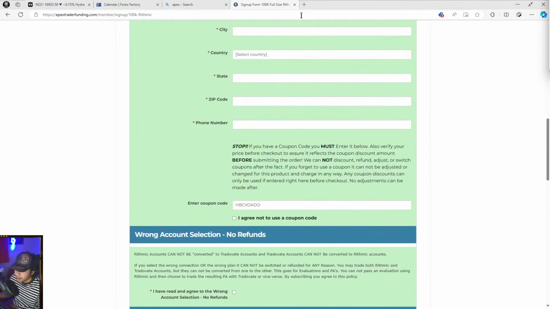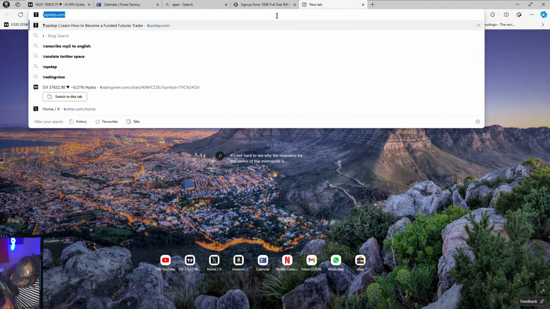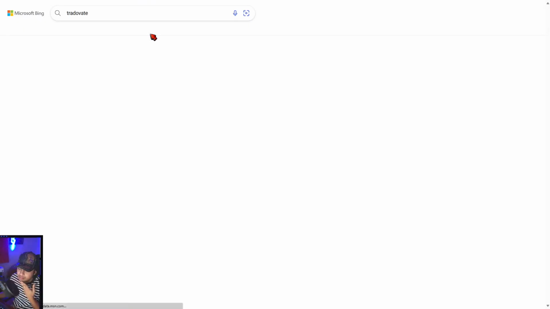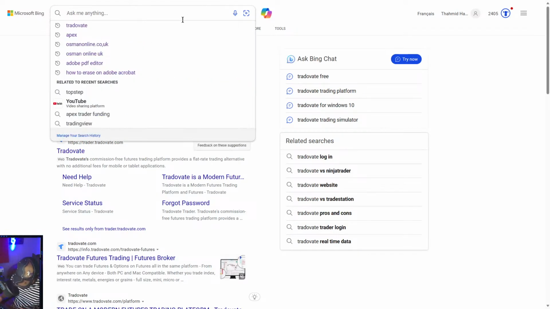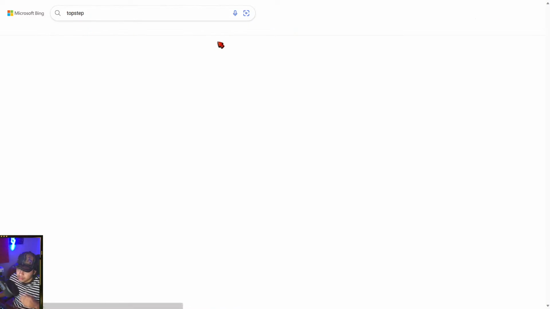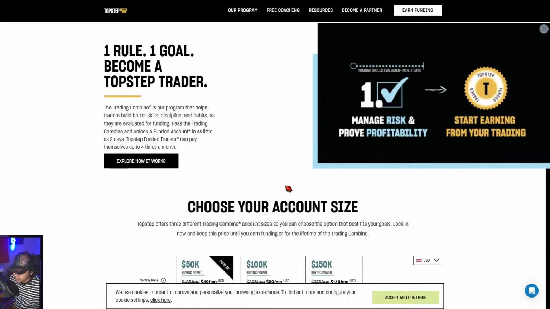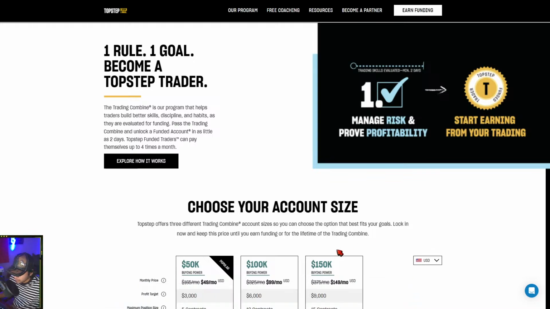The thing is, folks, I'm gonna show you guys Tradovate. Oh, sorry, Topstep. Tradovate is not here. Okay, Topstep. Look at the price of a 100k account. It's only 99 USD, so in Canadian dollars it's like 150 or something like that.